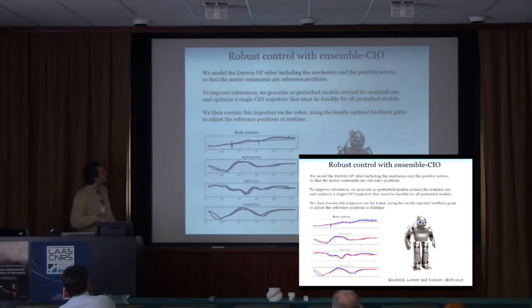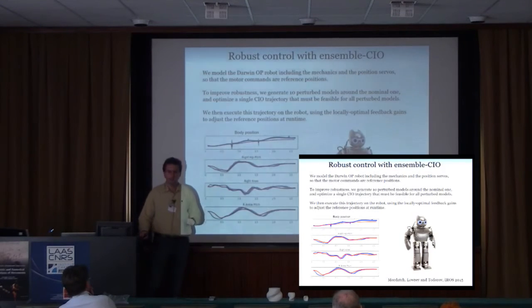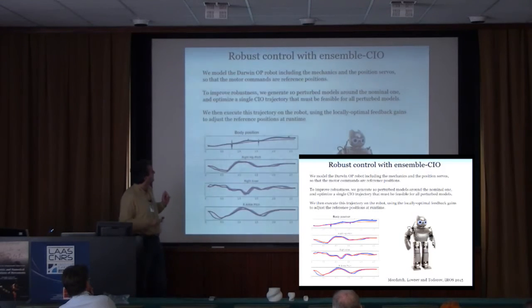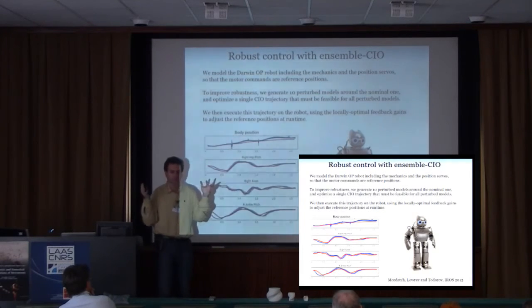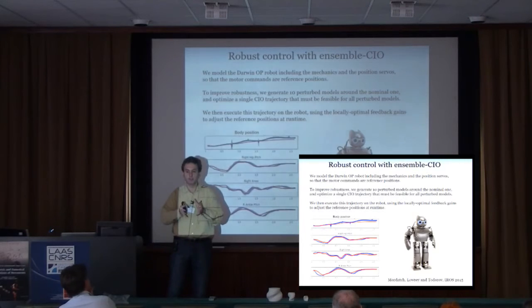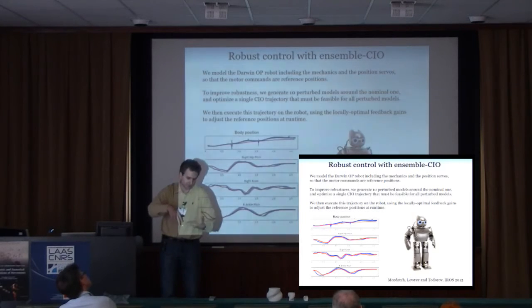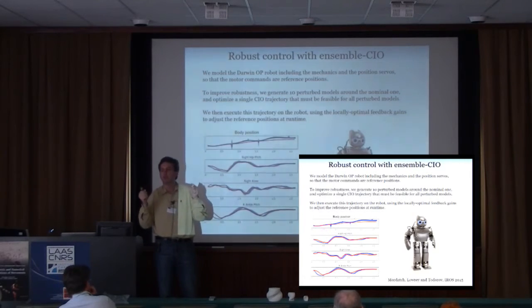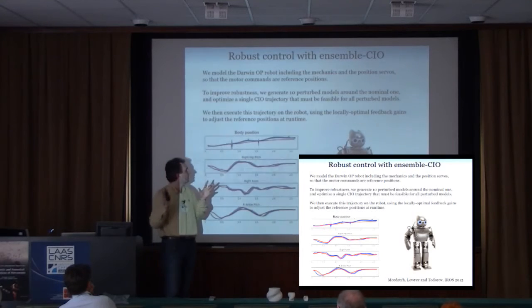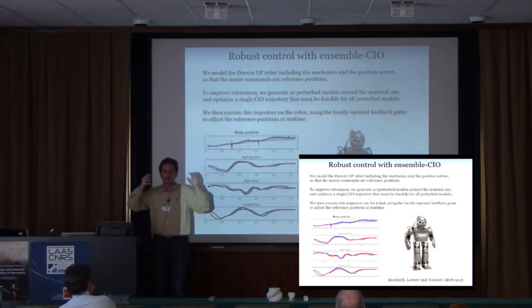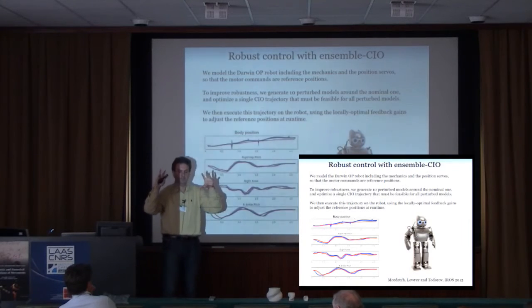But now we're going to do this. We're going to say, well, if we build a trajectory plan for this nominal model and we run it on the robot, it's not going to work very well. Indeed, it doesn't. But now we're going to do something slightly different. We're going to generate 10 different models. Okay? We're going to take the nominal model and change the masses a little bit, or change the shape of the foot, whatever, some parameters that we think are important. And there had to be a small number of them. So we perturb them a little bit. And now we have a cloud of different sort of hypothetical robots, okay? 10 of them.